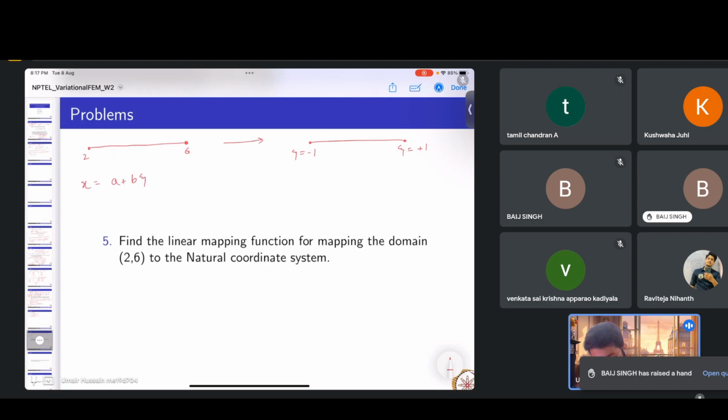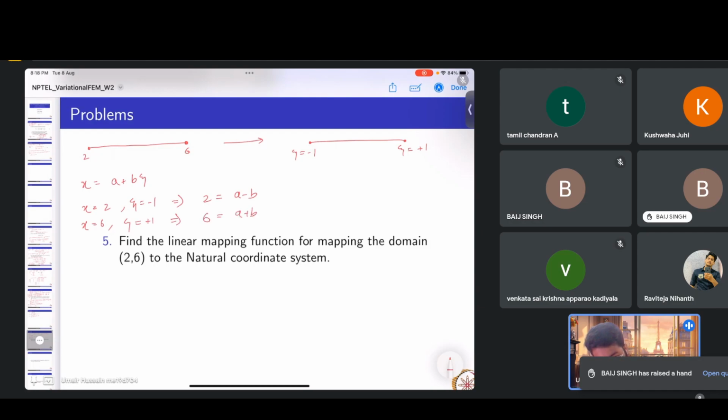We know that at x equals 2, zeta equals -1. So our equation becomes 2 equals a minus b, and at x equals 6, zeta equals +1, so 6 equals a plus b.